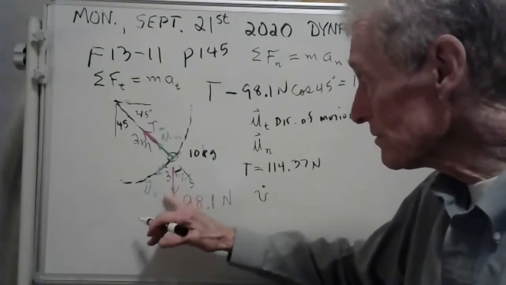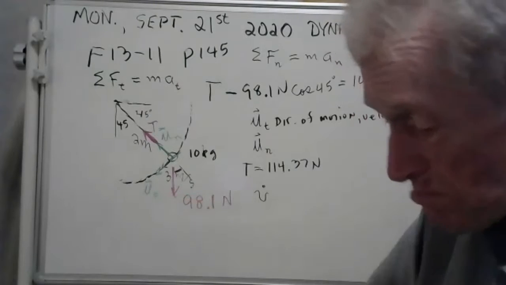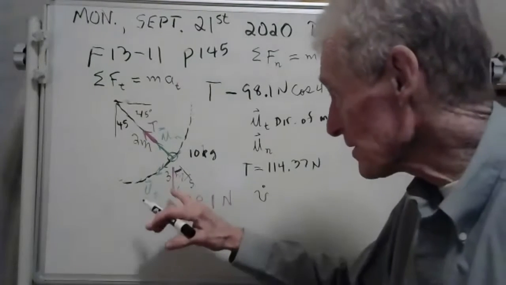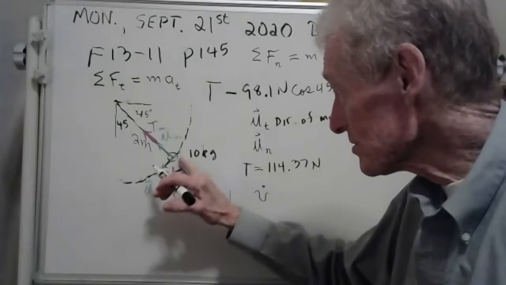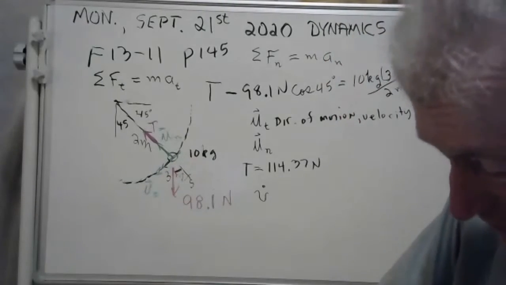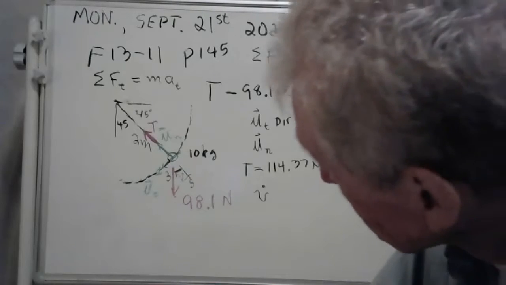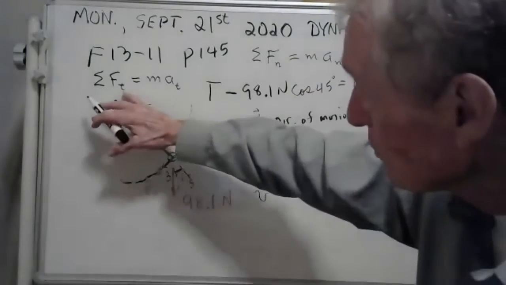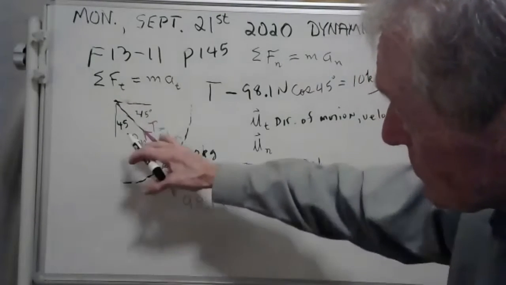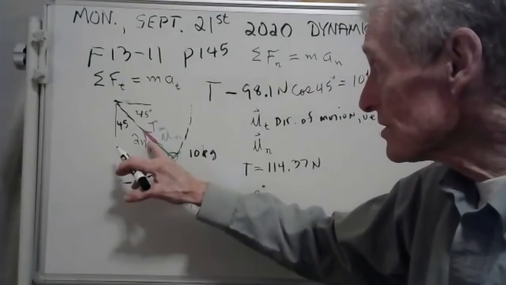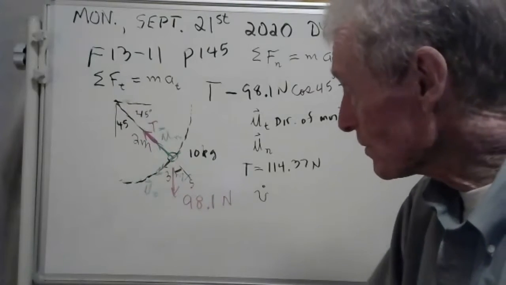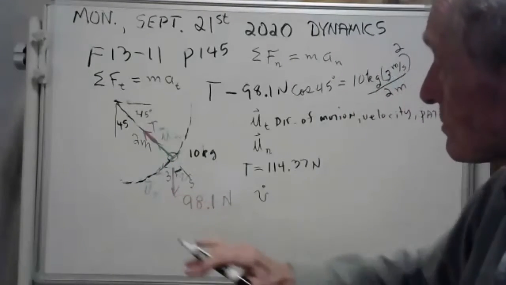Thanks to one of my excellent students, the tangential direction is in the direction of the velocity there. And we've got to get the components of the forces. There's only two forces. That tension doesn't have any component in the tangential direction. It's perpendicular, but this one does.